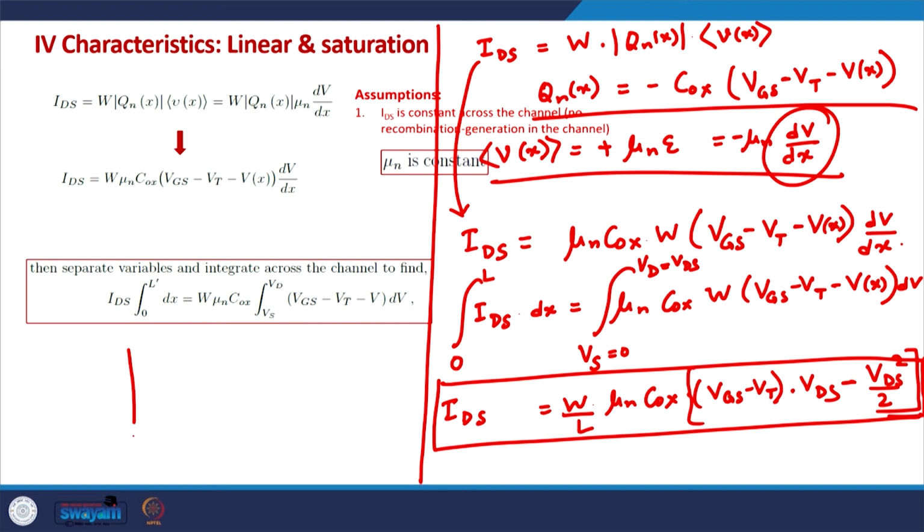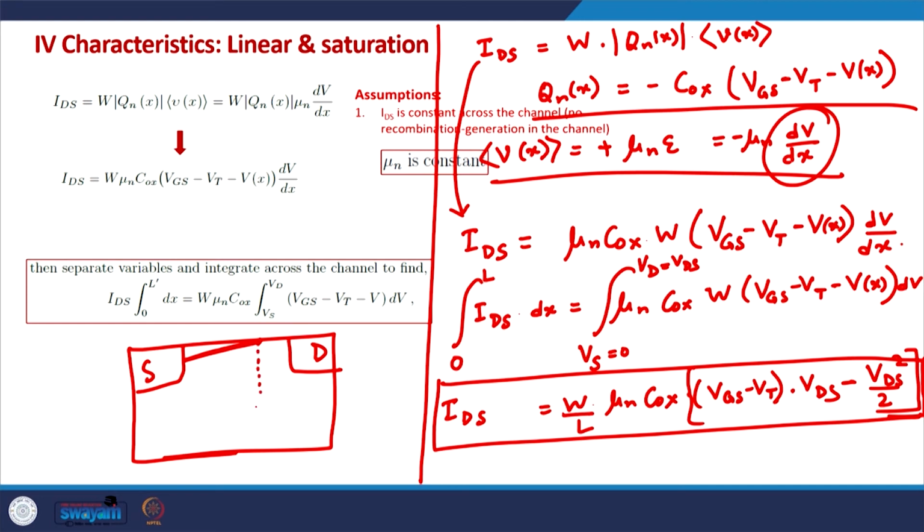There is a small point here which I would just like to highlight, that in a MOSFET we have a source, we have a drain, and because of the drain voltage the channel might be pinched off. So, the channel will terminate at a length, let us say L prime.